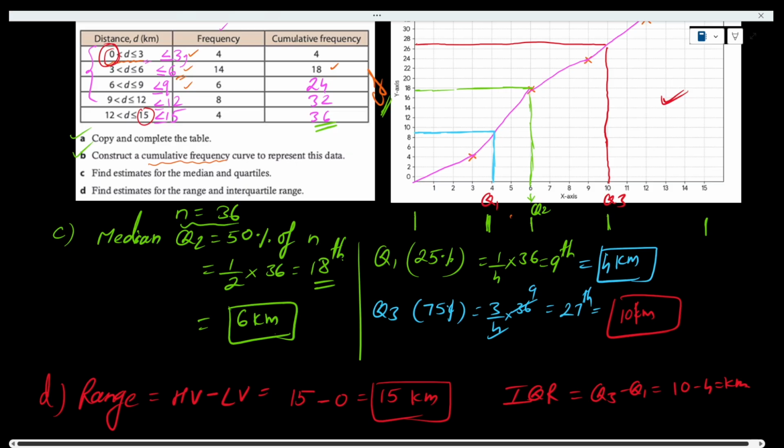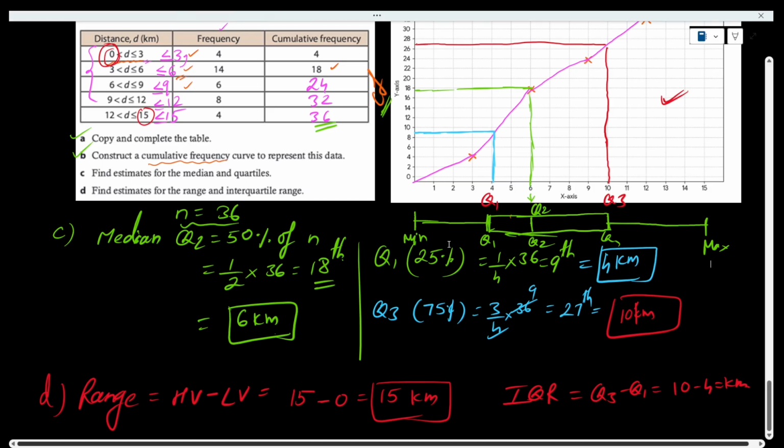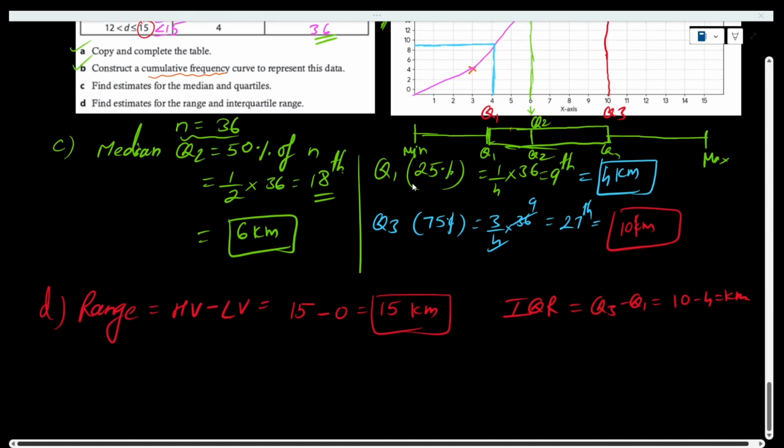Under this only they are going to give you the value. So you can make the box which represents Q1, Q2, Q3, and you can join this. So sometimes they give you the cumulative frequency graph to make the box whisker plot. So this is your minimum value, this is your maximum value. Whether it is ungrouped data or grouped data, you can make a box whisker plot. But if you are making it from grouped data, you will use the cumulative frequency graph.